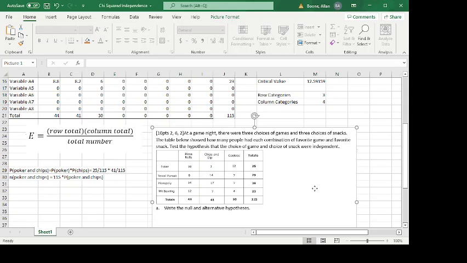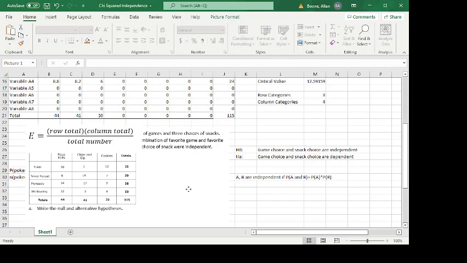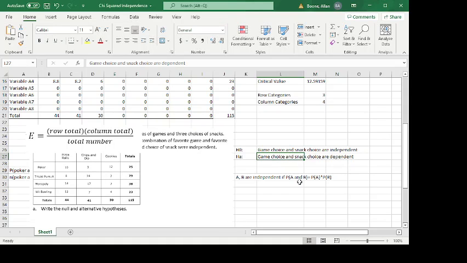So when we have a test of independence, the null hypothesis is that the game choice and snack choice are independent, and the alternative hypothesis is that the game choice and snack choice are dependent.